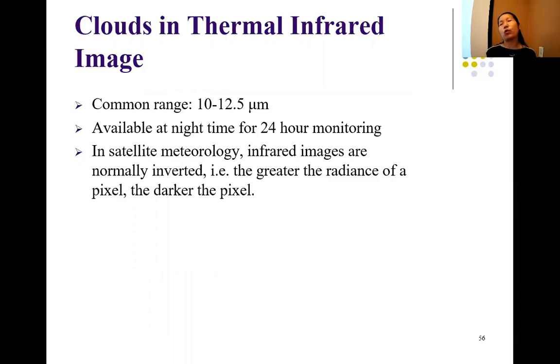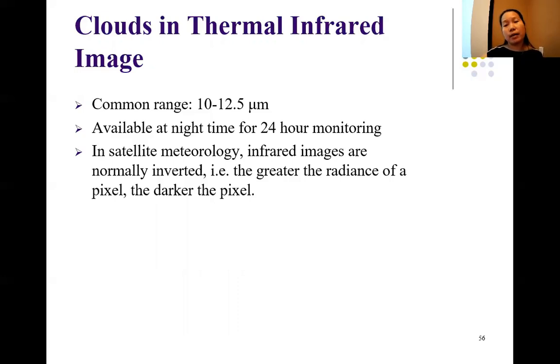It's usually for weather, so they do 24-hour monitoring. In satellite meteorology, infrared imagery is normally inverted, i.e. the greater the radiance of a pixel, the darker the pixel, okay?